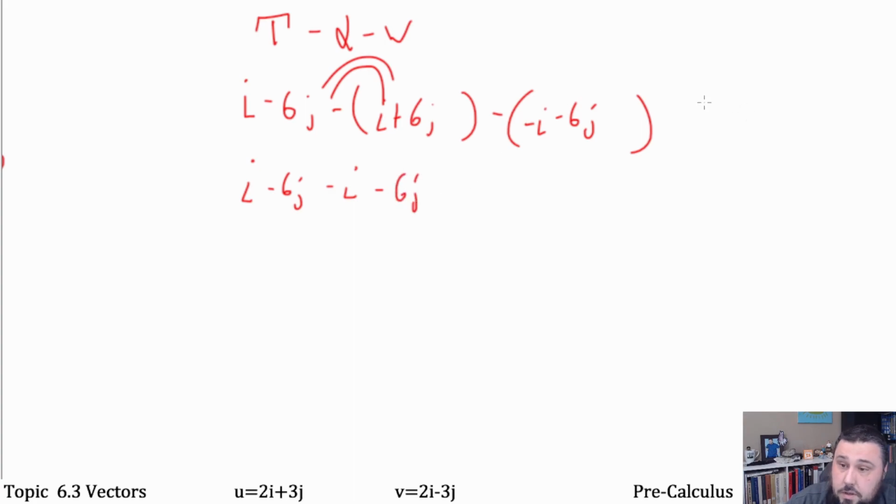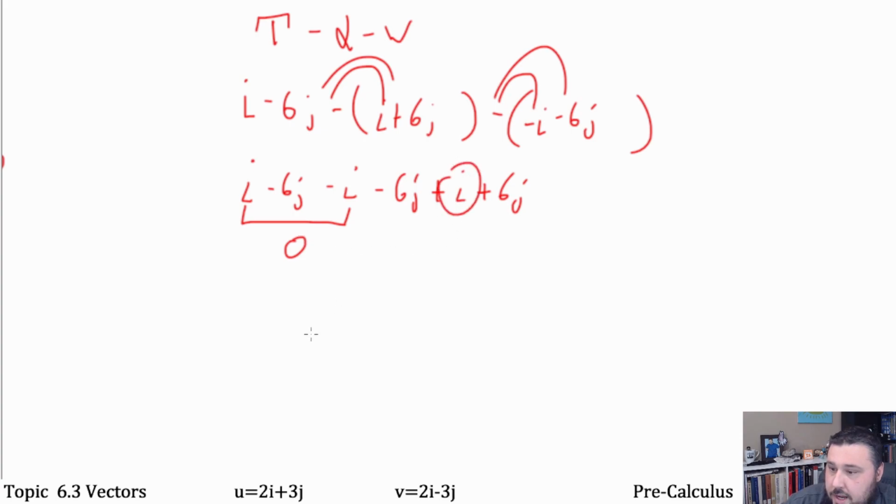Distribute this, negative negative becomes positive i and plus 6j. Now we combine our like terms. This is 0, so I'm left with this i. Now I have negative 6j and 6j. That's also 0, leaving me with negative 6j.